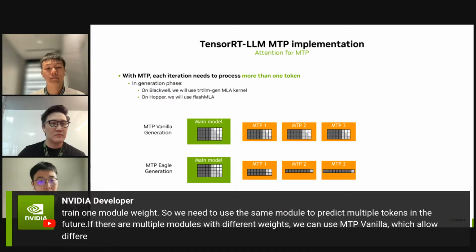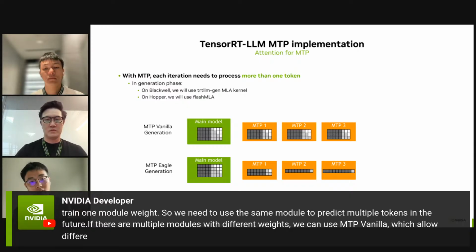Yeah, a good question. Only MTP Eagle uses the same MTP module, but for MTP Vanilla we can support using different ones. As for why we use only one, another reason is that in the official released DeepSeek models, DeepSeek V3 and DeepSeek R1, there is only one MTP layer in their checkpoint, so we want to support that.